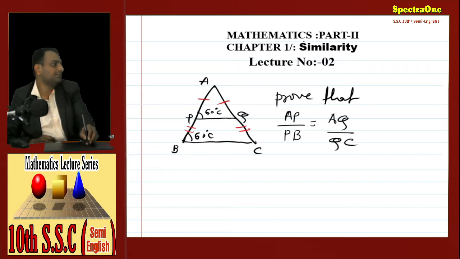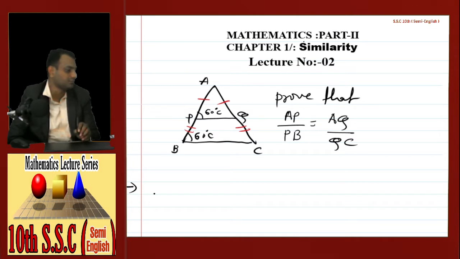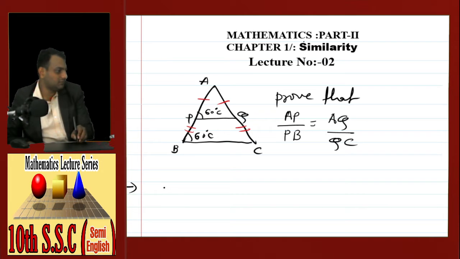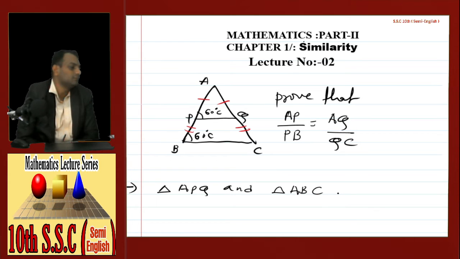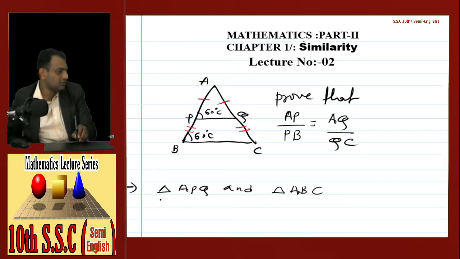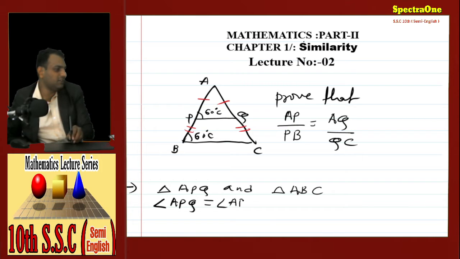How can we prove that? Let's pay attention. In triangle APQ and triangle ABC, we know that angle APQ is equal to angle ABC, which is 60 degrees.